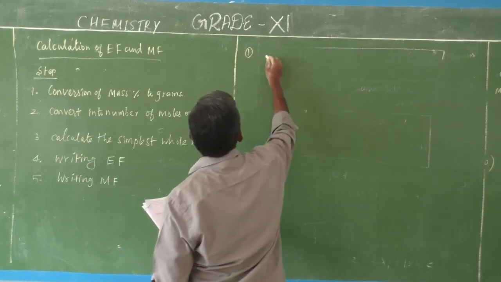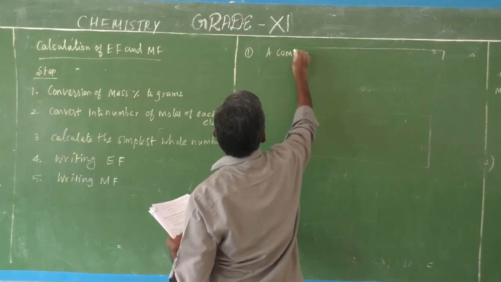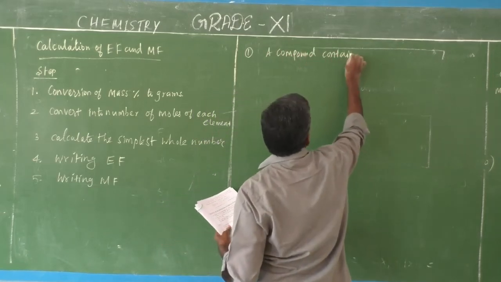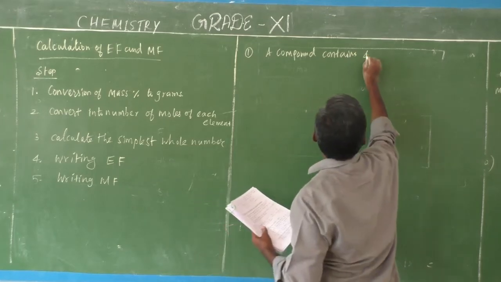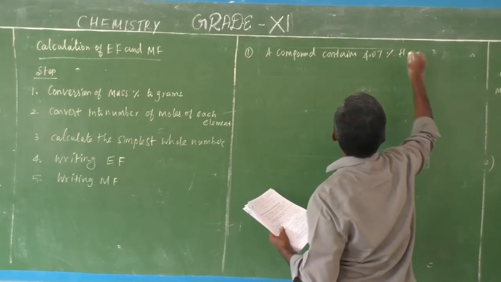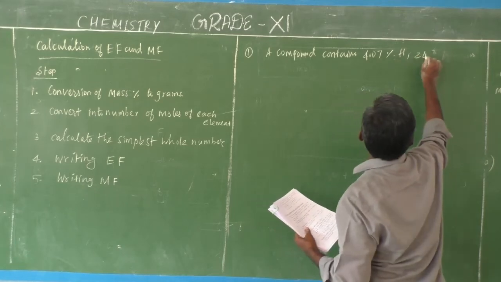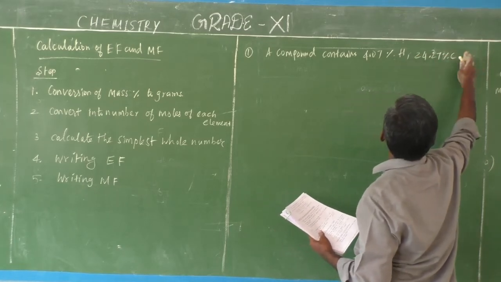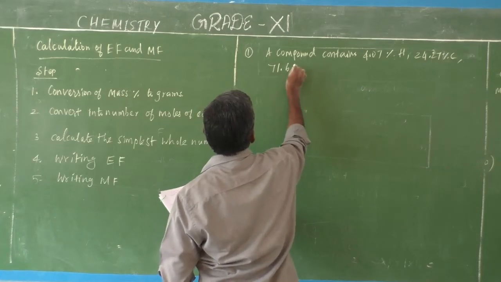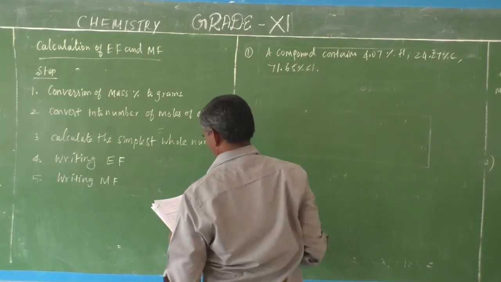Question number 1. A compound contains 4.07% hydrogen, 24.27% carbon and 71.6% chlorine.